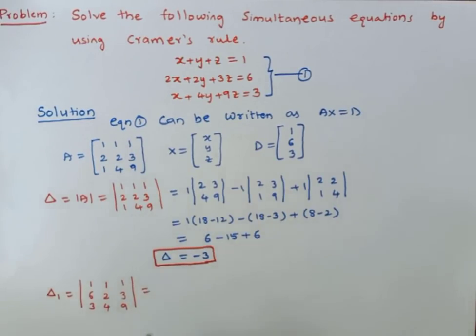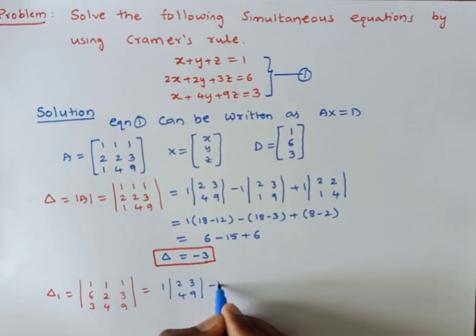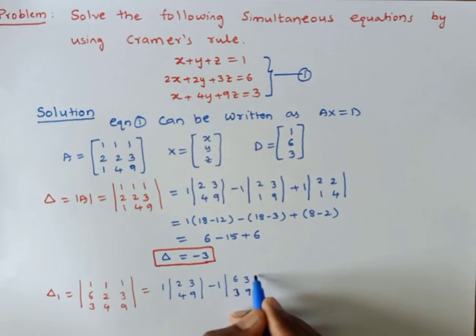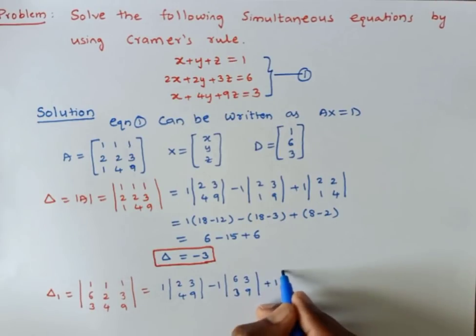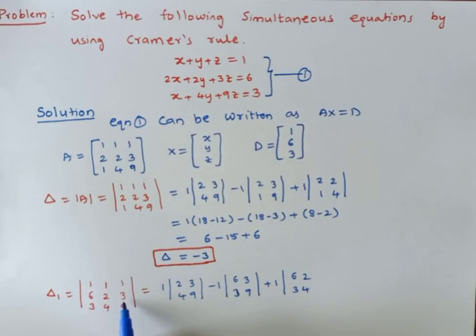Now evaluate the determinant of this. This is again 1 times of 2 3, 4 9, minus 1 times of 6 3, 1 9, plus 1 times of 6 2, 3 4. Since by deleting this row and column, the rest of the elements are 3, 4.